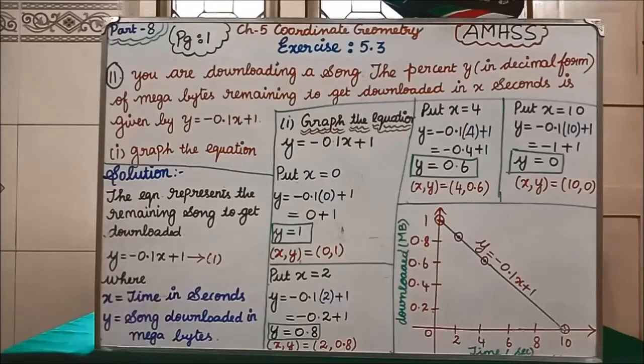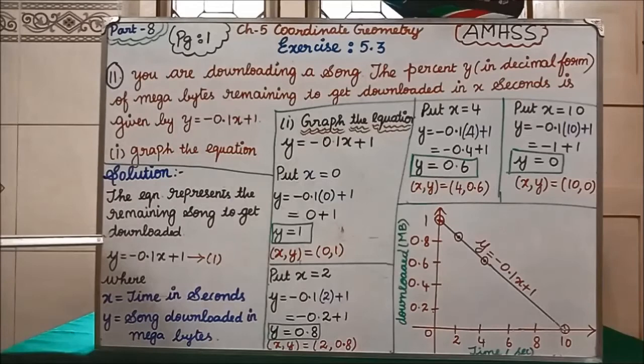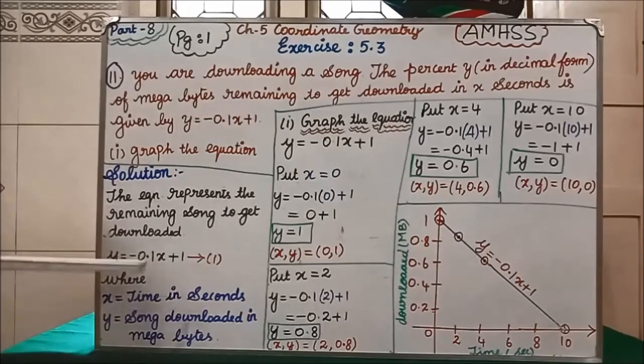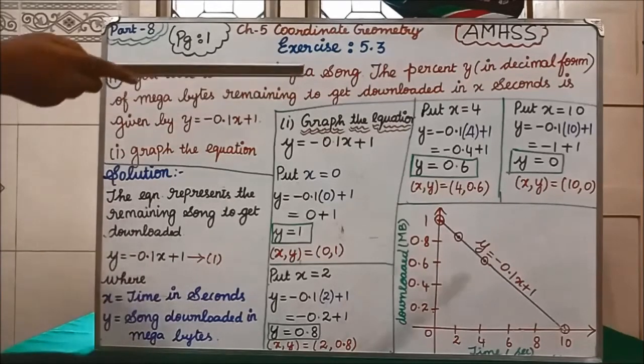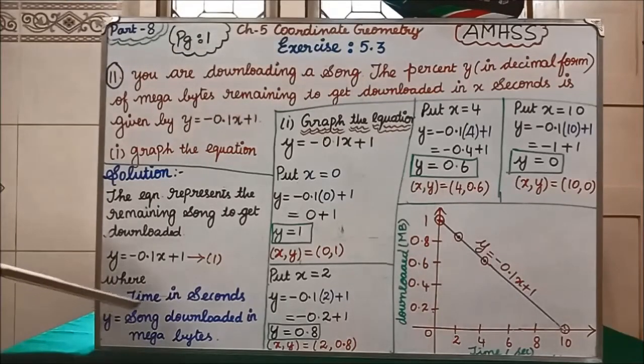Some part of the song is already downloaded, still some part is there to get downloaded. That is what this equation shows. Y equal to minus 0.1x plus 1. Mark that as equation 1. This is given in the question itself. Where x denotes what? In the question, x seconds. So x denotes time in seconds.